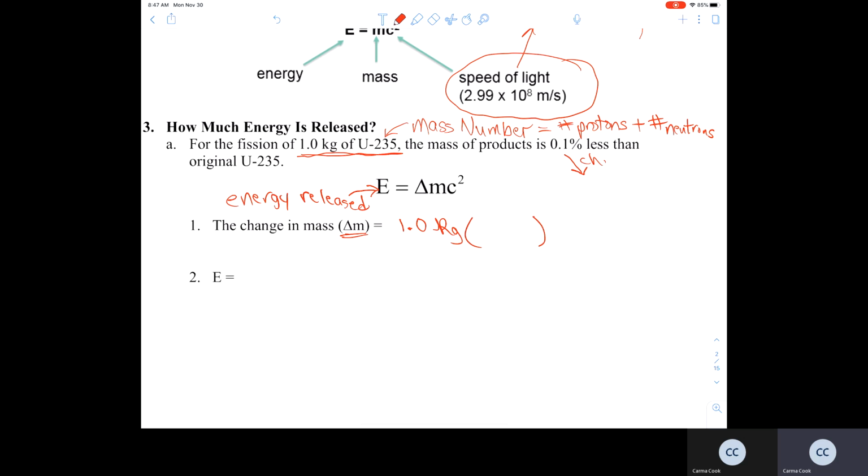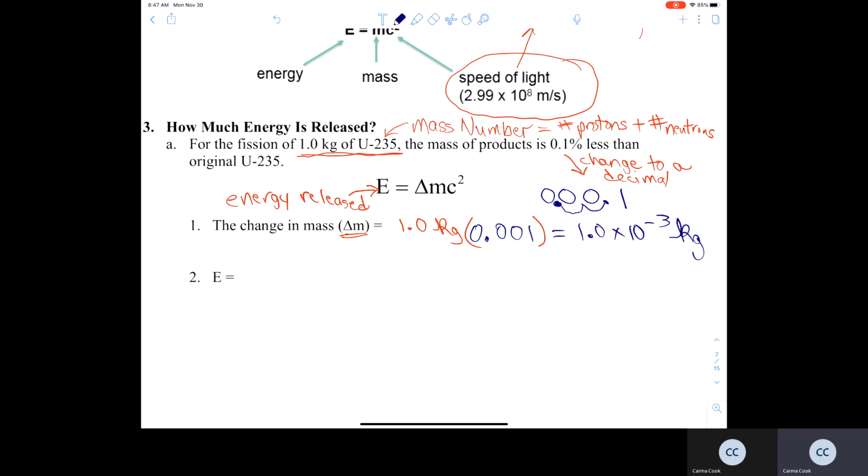You take your 0.1% and change it to a decimal, so we move the decimal 2 spaces to the left and you get 0.001. So you get 1 times 10 to the negative 3 kilograms. That's going to be your change in mass, your delta M.